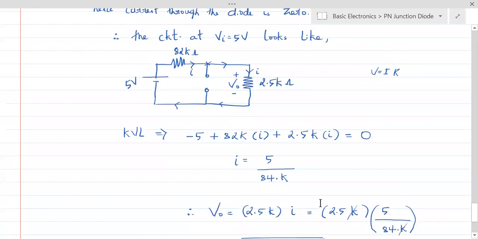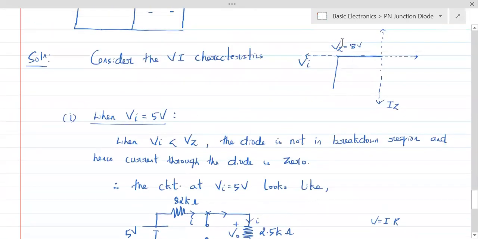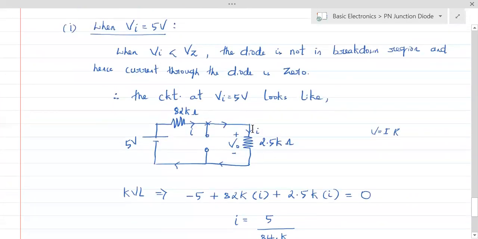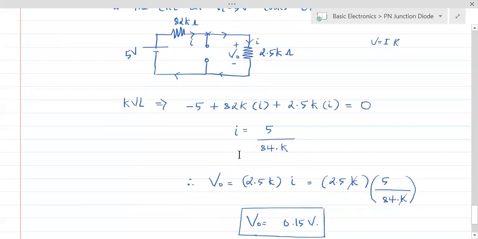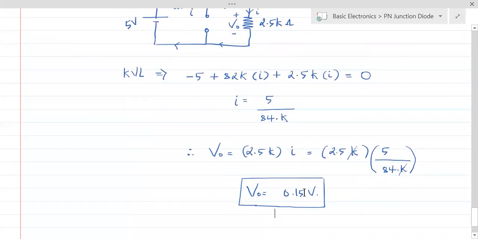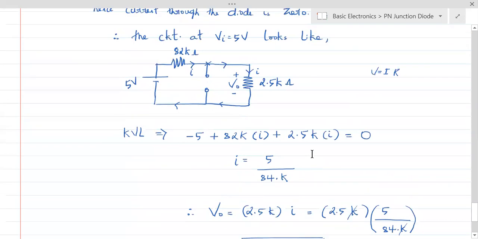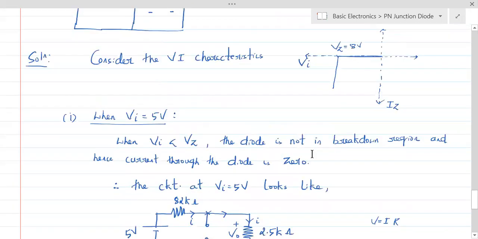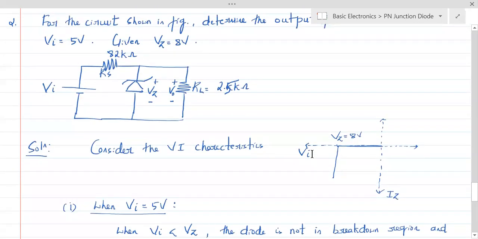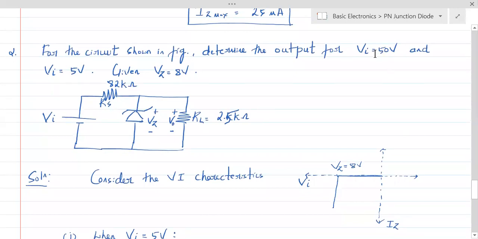8 volts. Understand that? See, the Zener voltage is given to be 8 volts. When you have Vi equal to 5 volts, the circuit would look like this, and for this circuit, the V naught is this. Is that okay with you? Now when Vi is 50 volts, see here, that Vi is sufficiently larger than Vz.